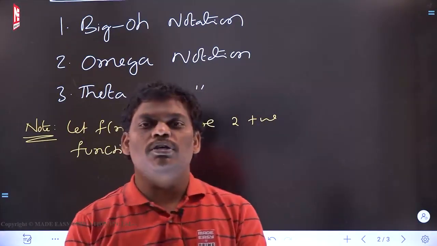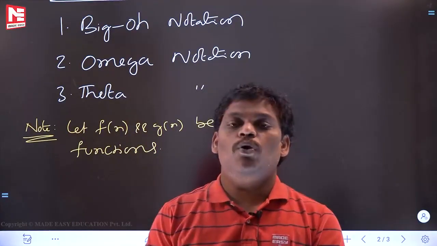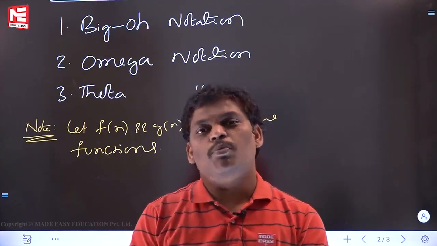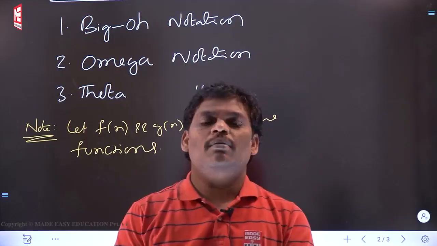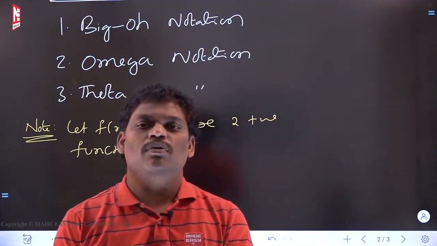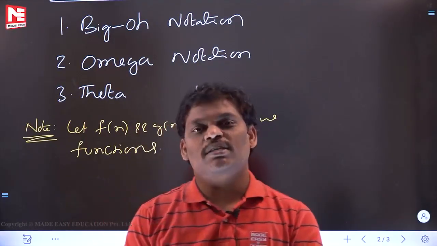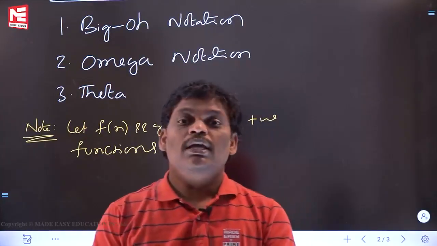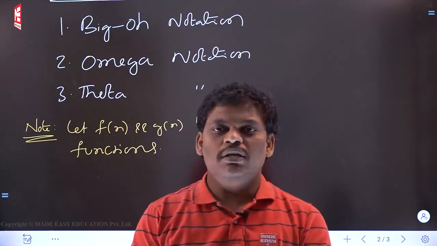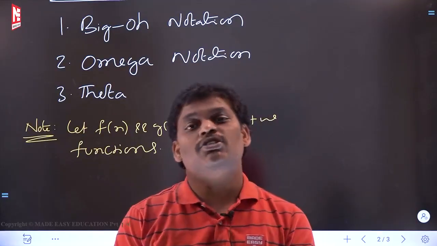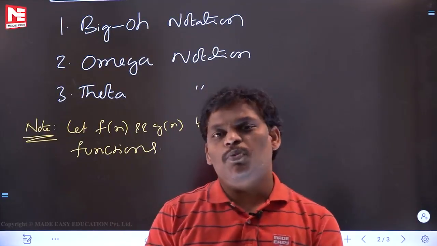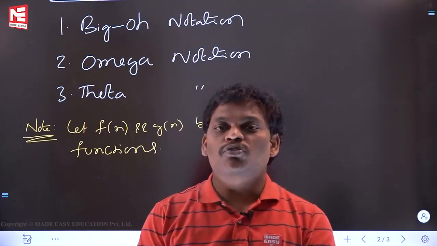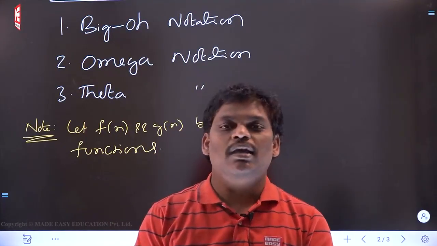In asymptotic notation, we will discuss only about positive functions. f of n is a positive function, g of n is a positive function, because in algorithms, time complexity and space complexity both cannot be negative, you know very well. And one more thing: f of n is a positive function, but that doesn't mean fractions cannot be there.